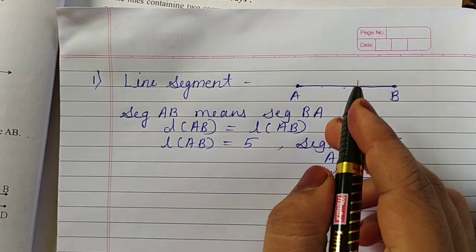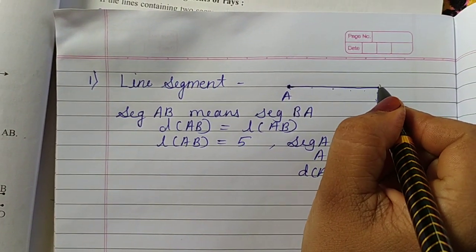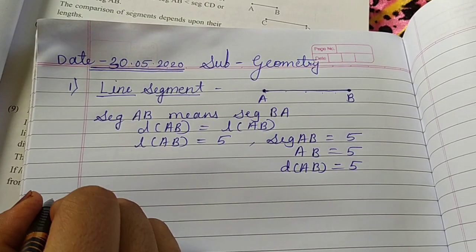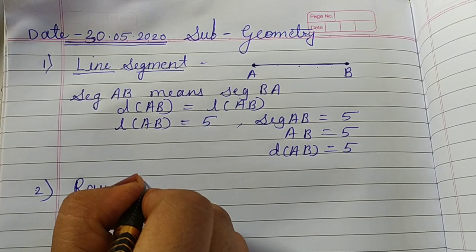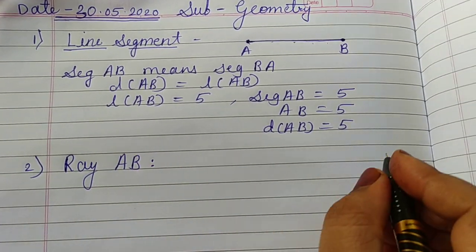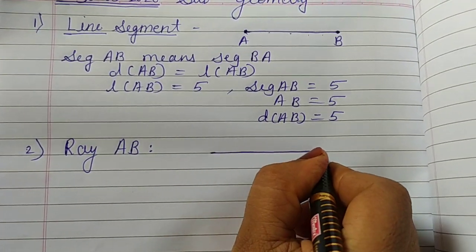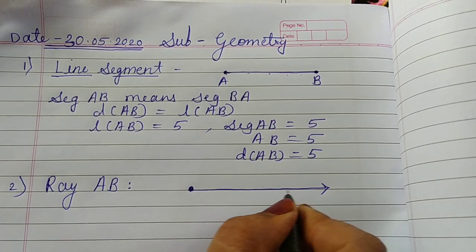Segment means limited at both the end. Now we'll see the next. Now second point, ray. Ray AB. Ray means it's like an arrow. See this ray means limited at one end and unlimited at another end.